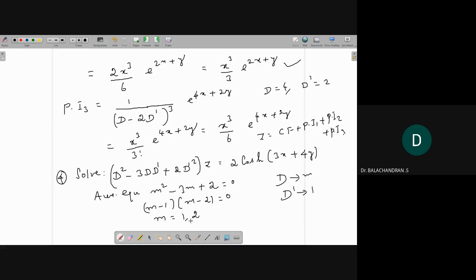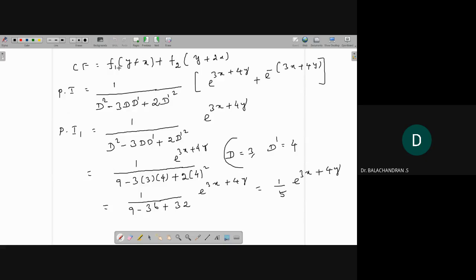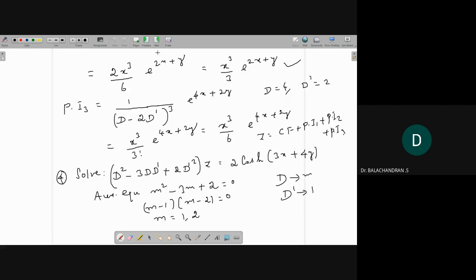The roots are distinct. So then the CF is f1 of y plus x, because 1 and 2 are the roots, plus f2 of y plus 2x. So CF is over. And what is the right hand side function? 2 times cos h of 3x plus 4y.